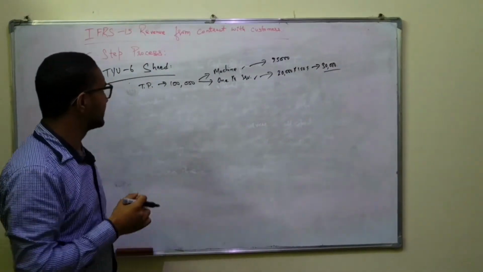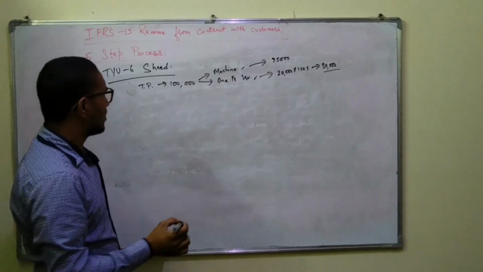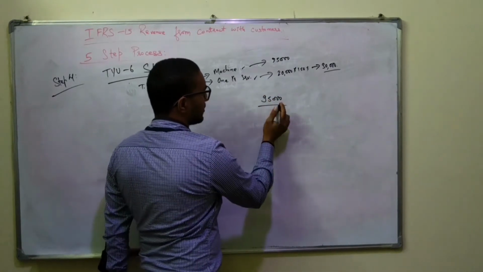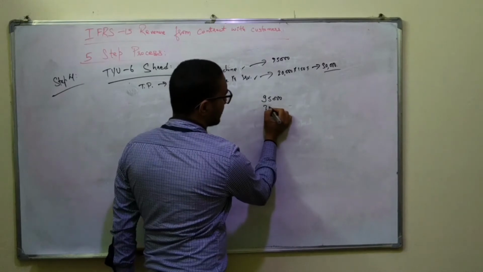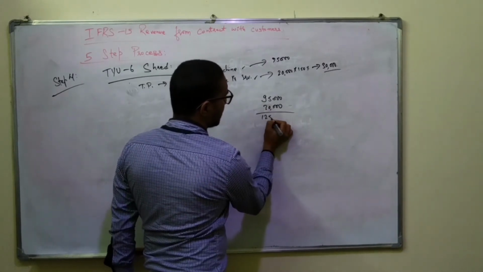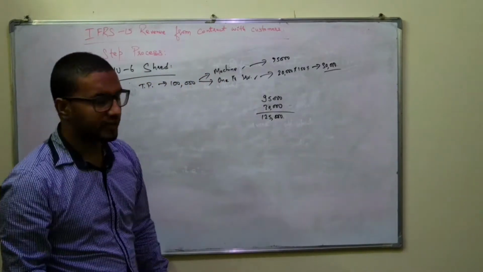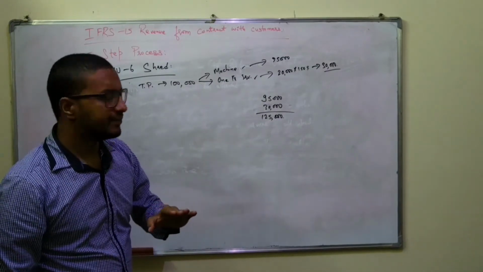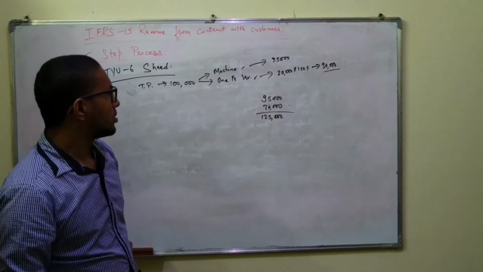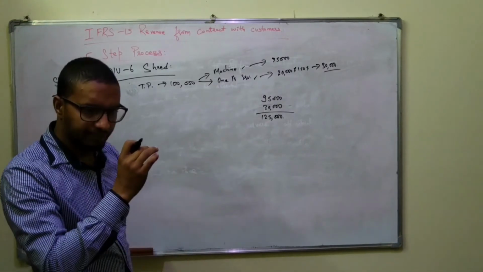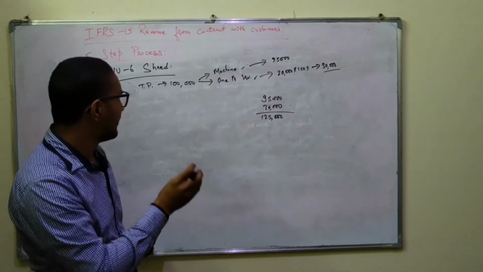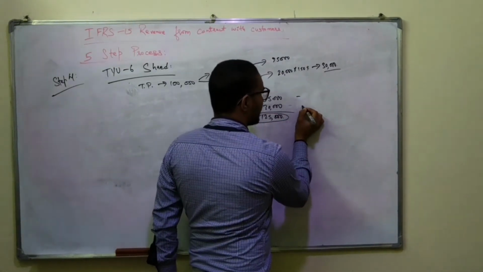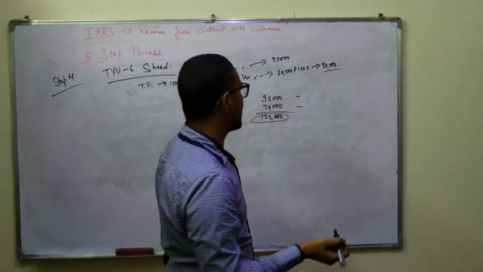So goods worth 95,000 plus 30,000, 125,000, have been sold for 100,000. So we will have to allocate it based upon their selling price. The selling price is 125,000, so the amount of discount that he has given is 25,000, right?